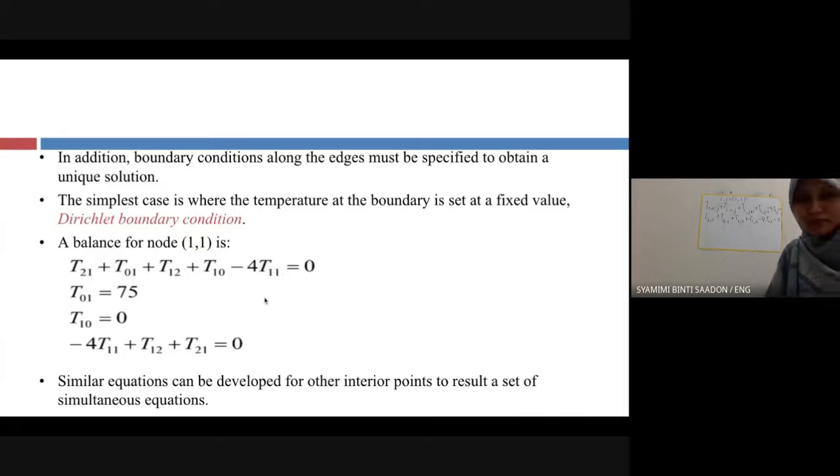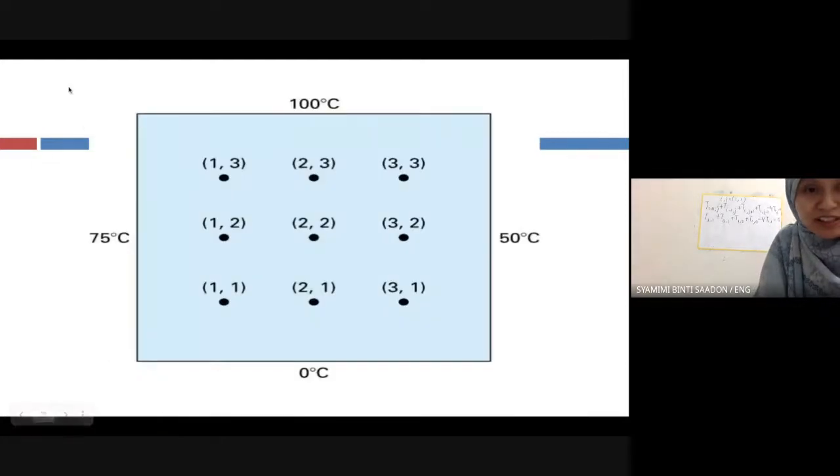And with the boundary condition values given, we know T01 is 75 degrees. This 75 is along the x equals 0 axis.